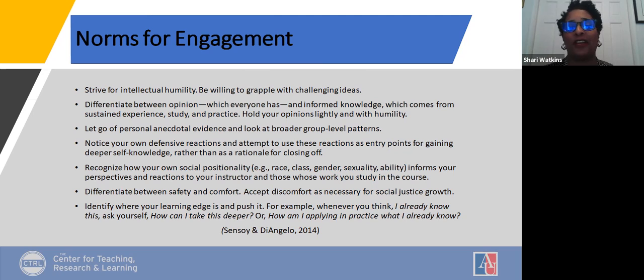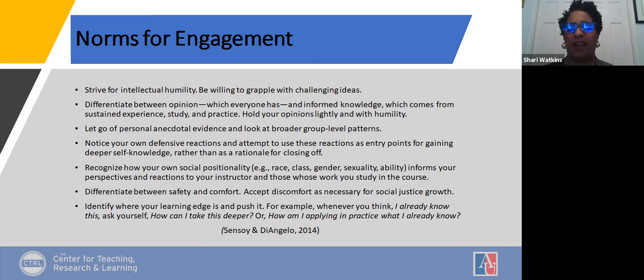We want to strive for intellectual humility and be willing to grapple with challenging ideas. We want to differentiate between opinion, which everyone has, and informed knowledge, right? We want to hold our opinions lightly and with humility. We also want to let go of personal anecdotal evidence and look at broader group-level patterns.